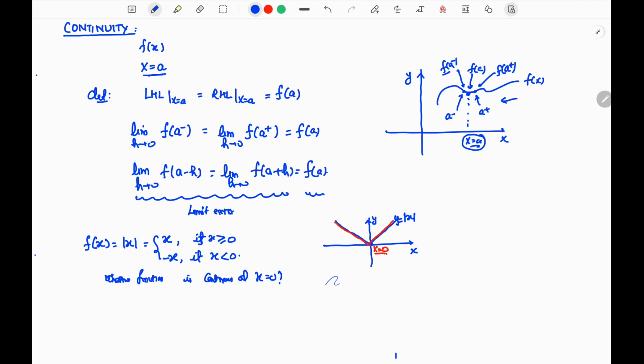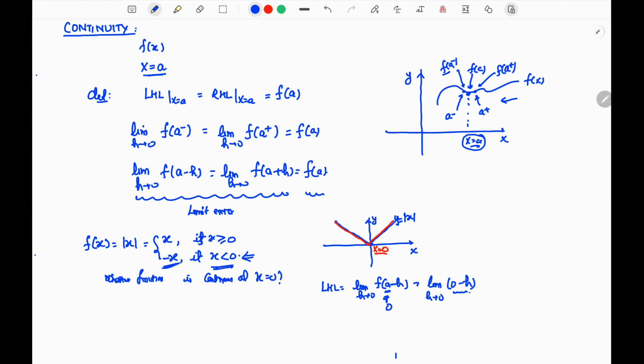For that, first we find the left hand limit, it is equal to limit h tends to 0 of f(a minus h). Here the value of a is 0 because we have to find the limit at x equal to 0, so we write it as limit h tends to 0 of f(0 minus h), and this 0 minus h is a negative value, so by definition we have to use the branch for x less than 0.